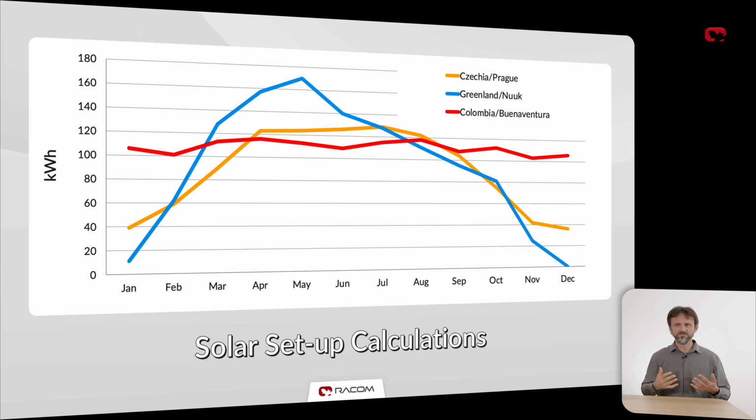Just to demonstrate how battery capacity depends on local conditions. And the third is Buenaventura in Colombia, a rainy seaside location with loads of rain but very steady sun intensity.